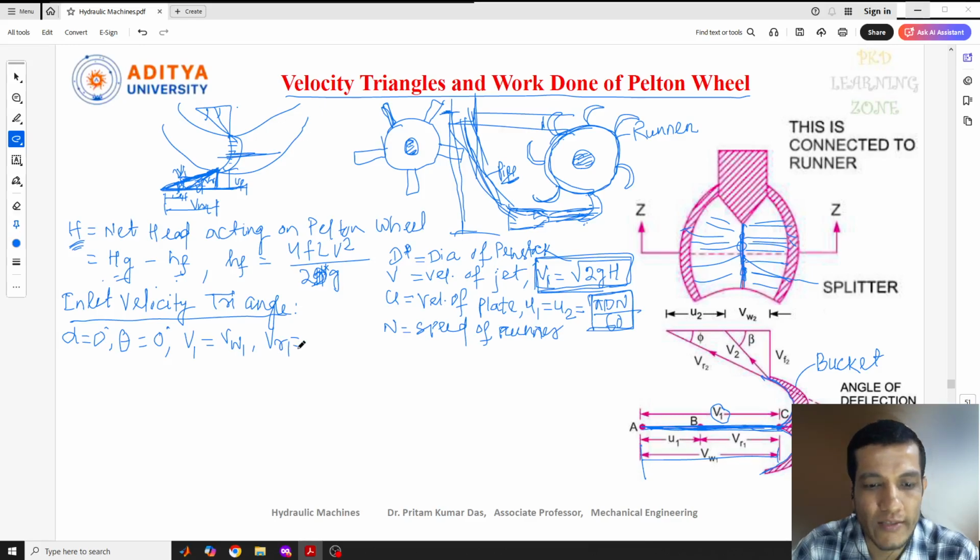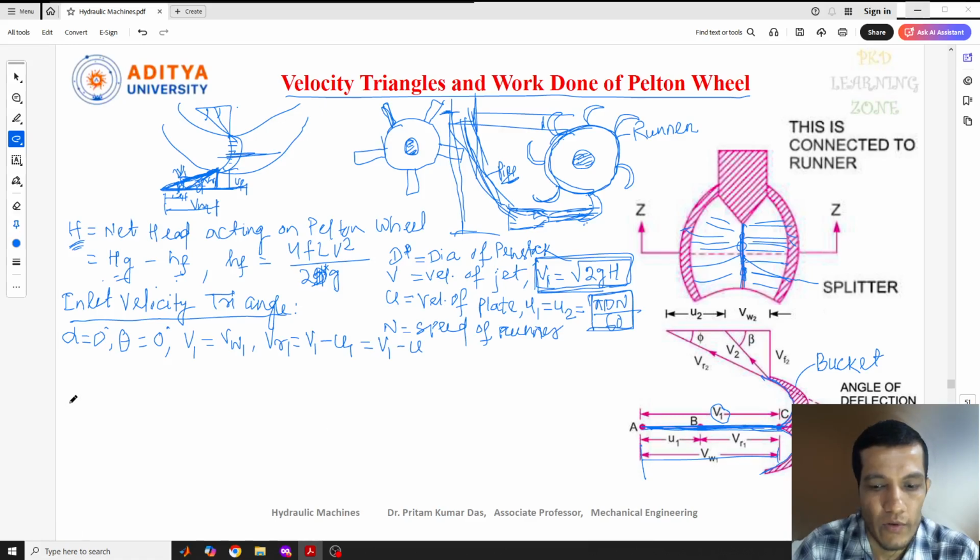So VR1 is the relative velocity of the jet with respect to the plate. We can write this as V1 minus U1, or V1 minus U. Both are the same. So these are the terminologies we get for the inlet velocity.